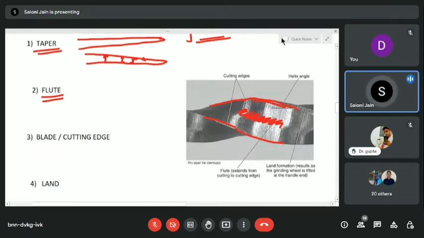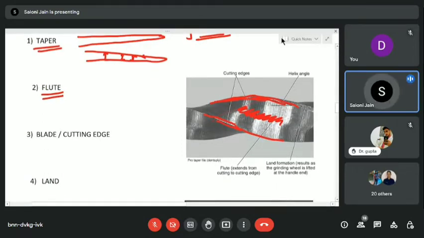It is basically a groove which collects the debris while you place the file in a root canal. The cutting edge or the blade you see is the working area of the file. So these are the cutting edges, and these are the flutes.